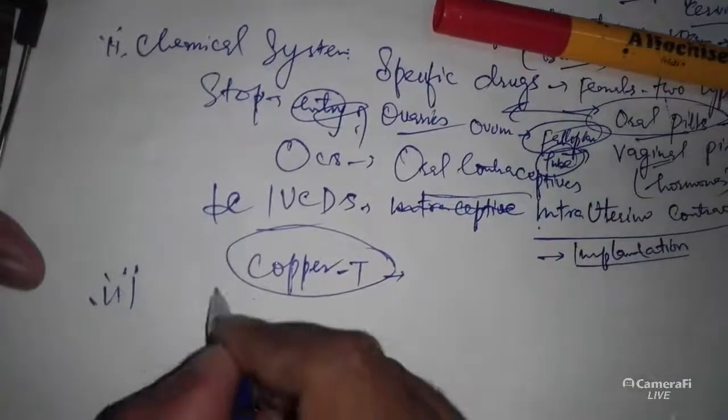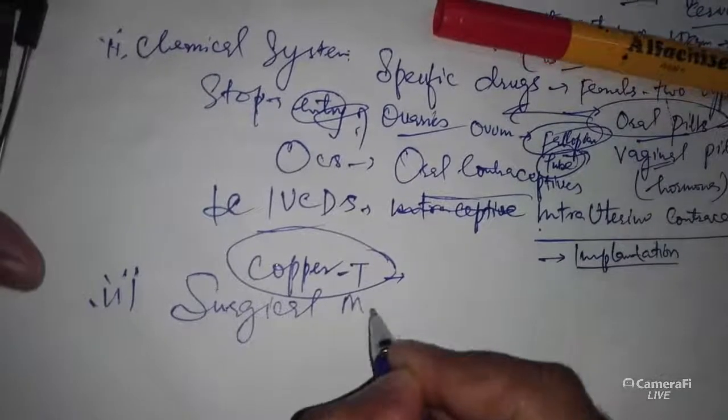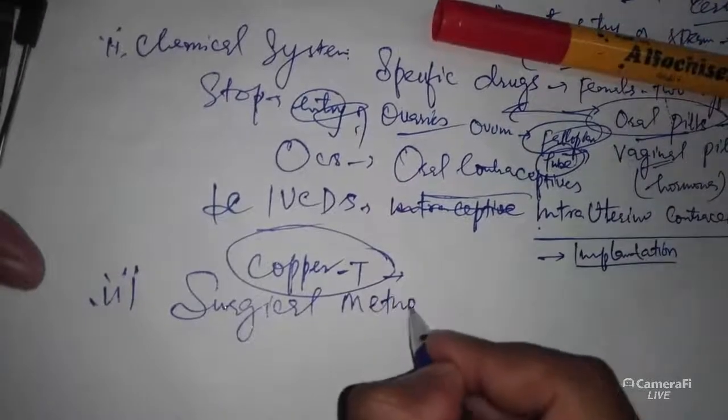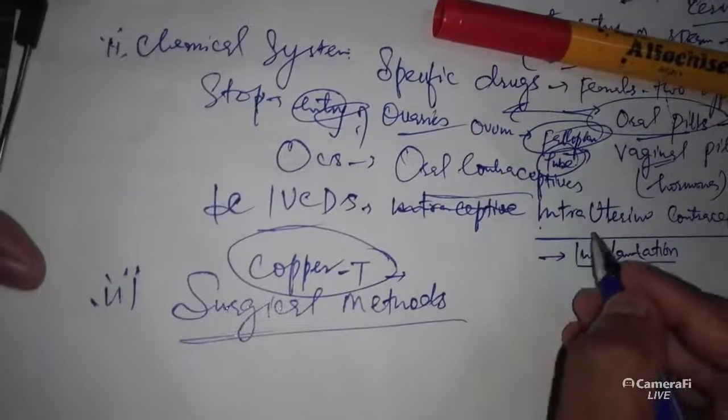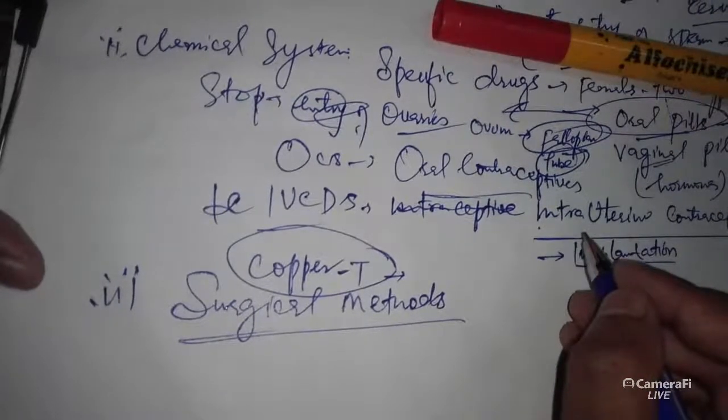Number 3, surgical methods. Surgical means surgery, we know, cutting and joining.